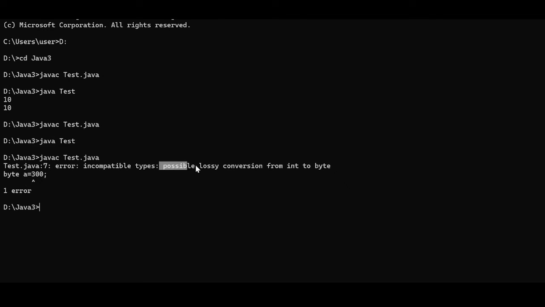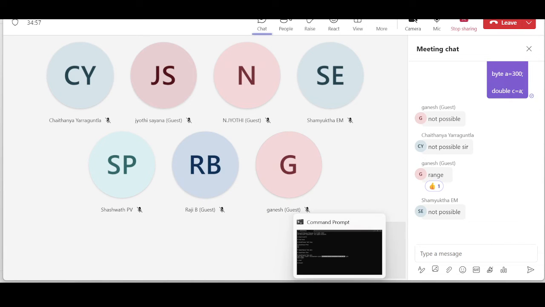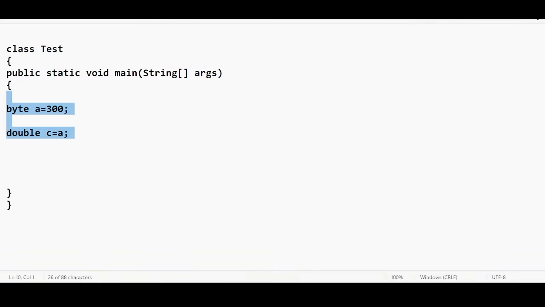So it is a possibly lossy conversion, because when you look at the range for the specific data type, byte can store at maximum up to 127, right? So here the value 300 is assigned to the byte data type. 300 is not a possible value, it is out of range. It cannot handle this, right? That's why not possible.